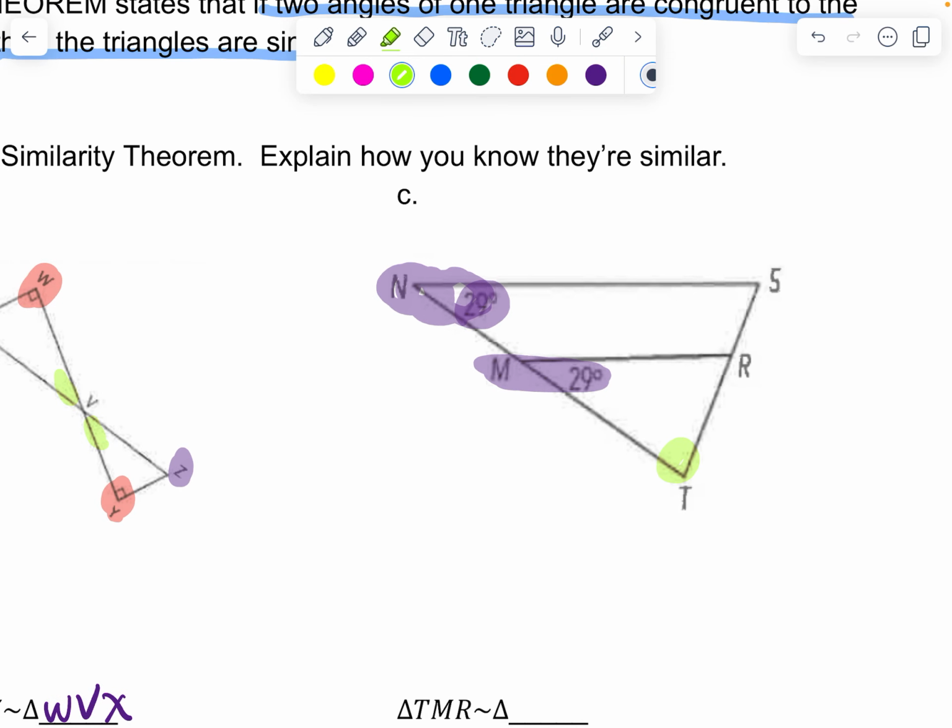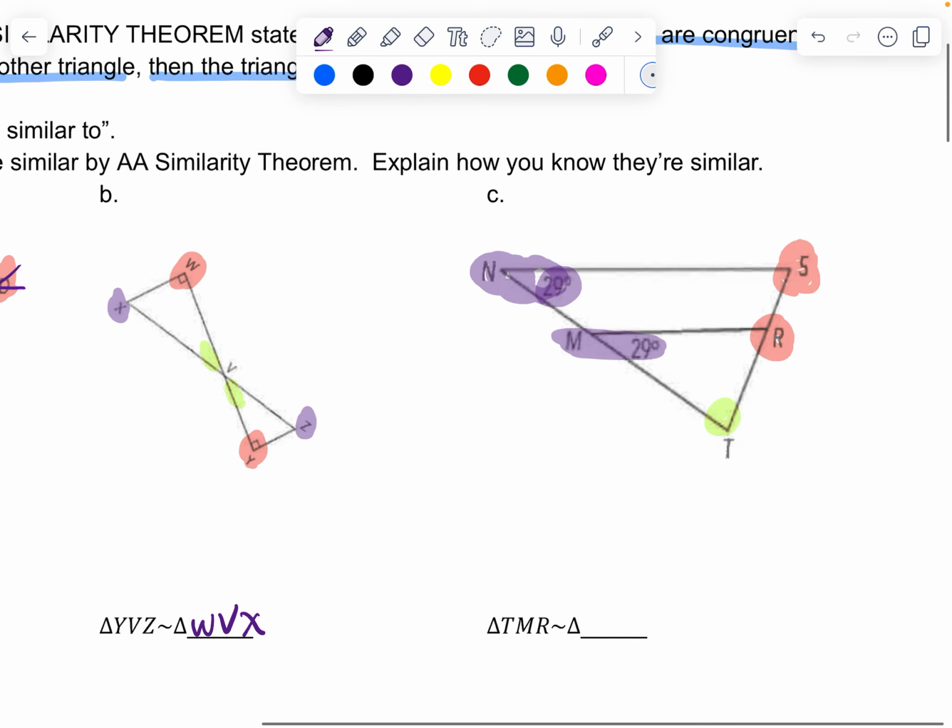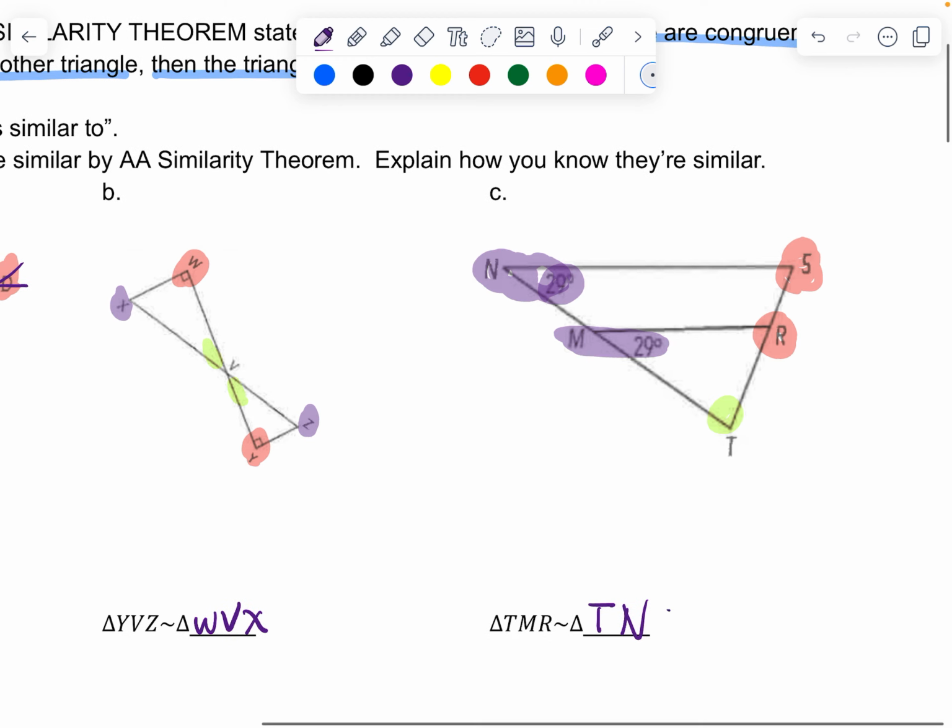That means that the two triangles are similar. If it's easier for you to have the coloring like I'm doing, that's a great idea. So T is in both of the triangles. M is purple. What else is purple? N is purple. Then you have R that's red and S that's red. I think that's supposed to be an S. It almost looks like a 5.